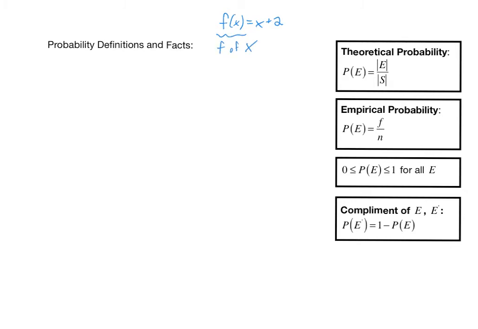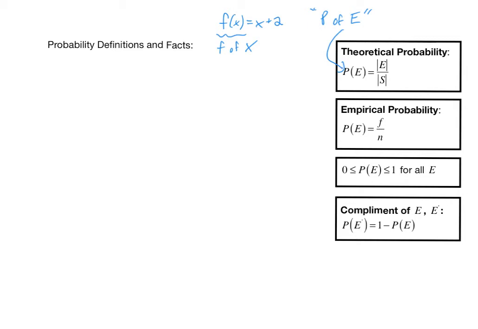F is the name of the function, and x is the input of the function. This is function notation right here. And we read this as P of E, where E is the event, and P represents the probability of the event occurring. So P of E means the probability of event E occurring.